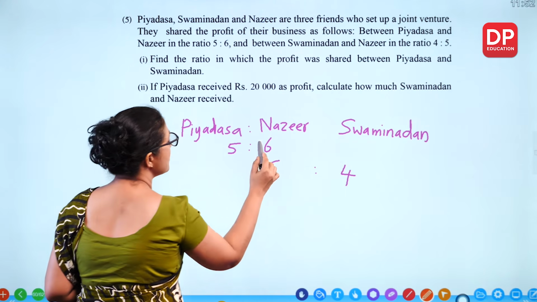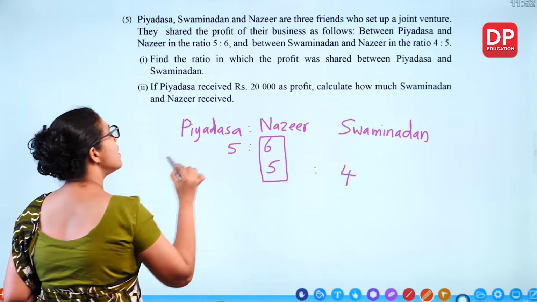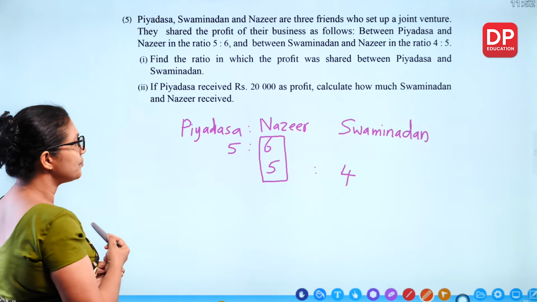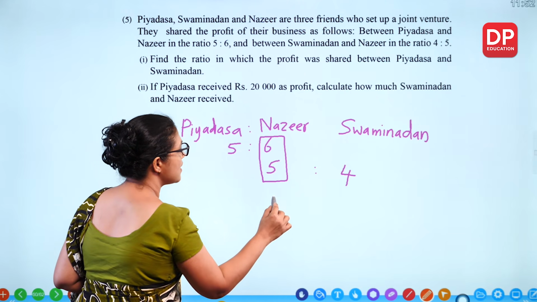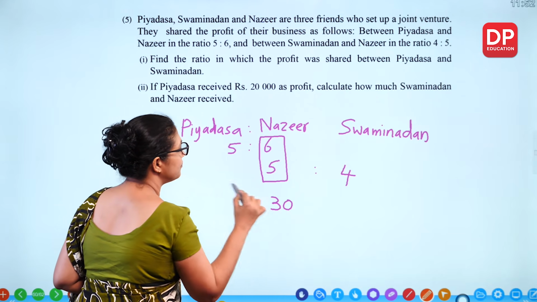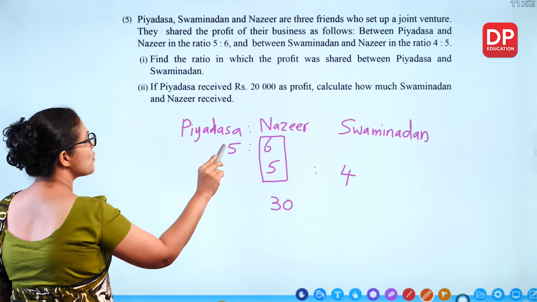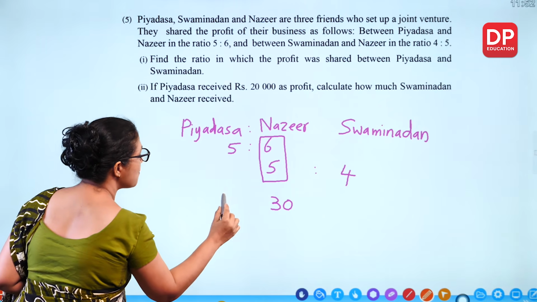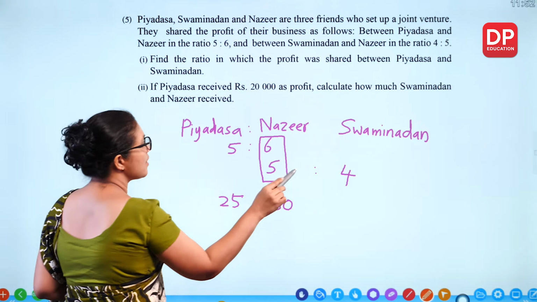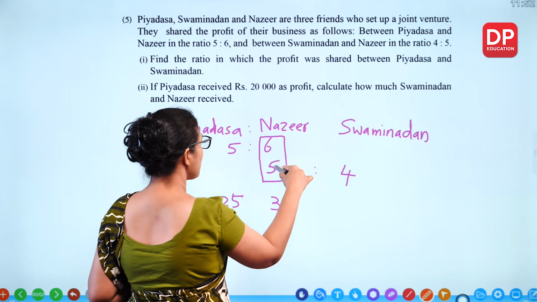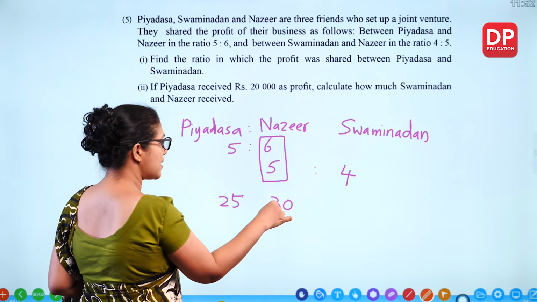Piyadasa and Swaminathan. So that means you have to find out the combined ratio. 6 and 5, what's the lowest common multiple? That's 30. So 6 times 5, 30. So 5 times 5, 25. This one, 5 times 6 is 30.